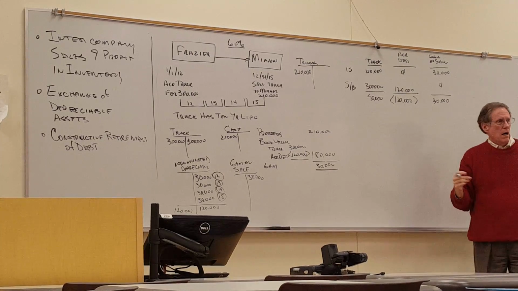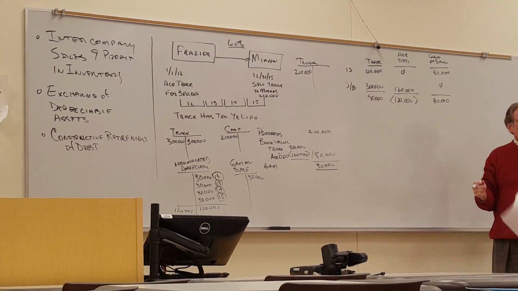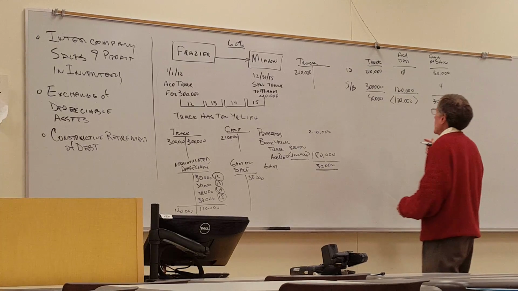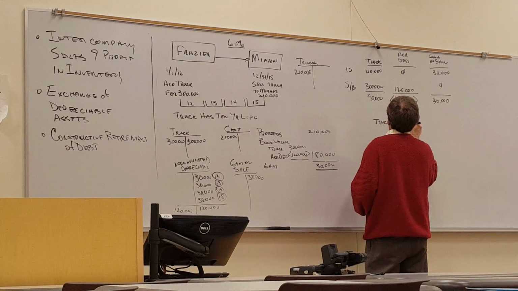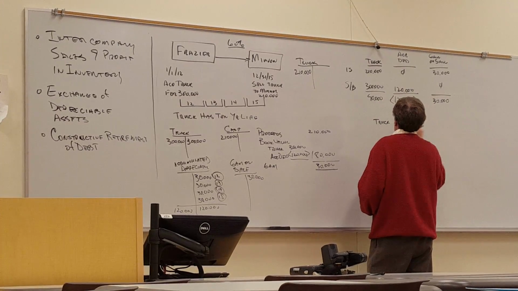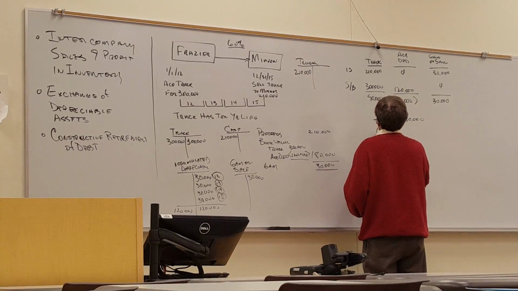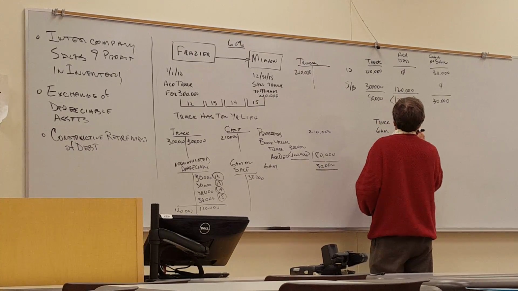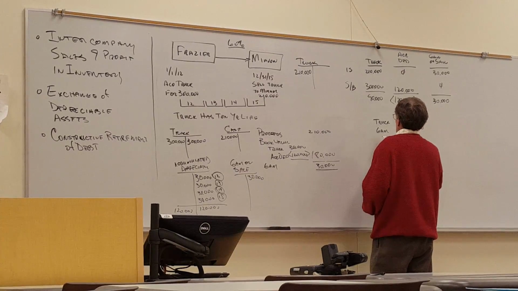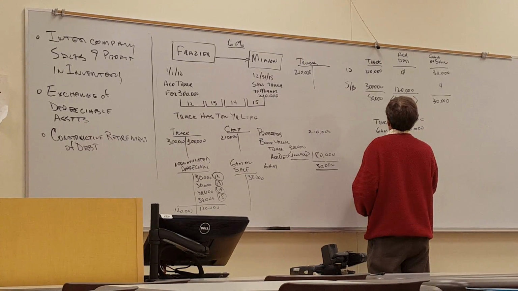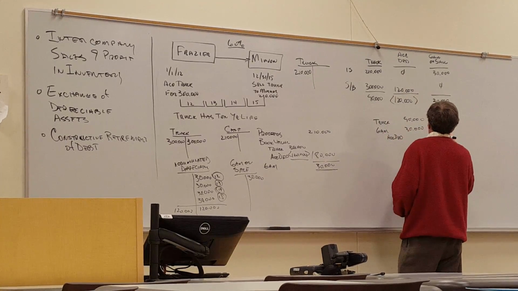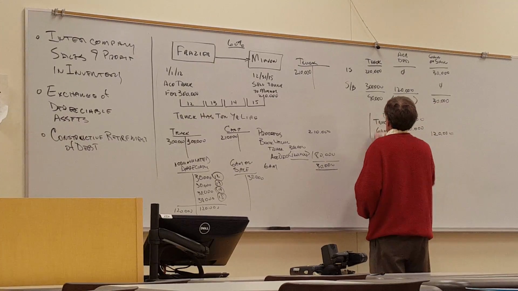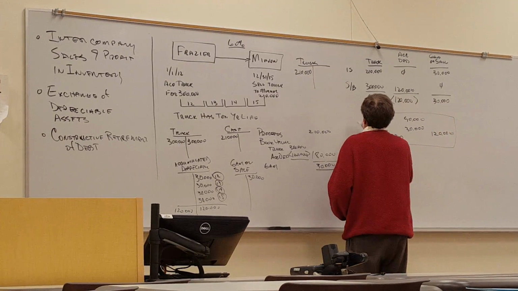So our eliminating entry would be a debit to the truck for $90,000, a debit to the gain for $30,000, and a credit to the accumulated depreciation for $120,000. And this is our entry for year one.